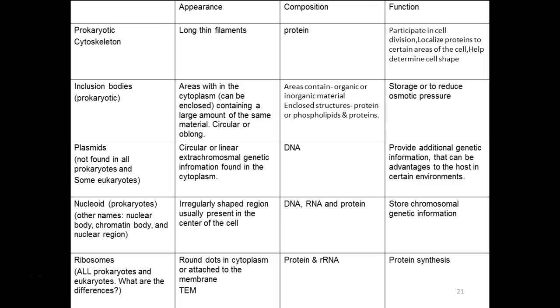Their shape can be circular or oblong, and the stuff in it can be of organic or inorganic origin, right? So it can be something made by the organism or something inorganic from the environment. If they're enclosed, they'll be enclosed in protein or phospholipids and proteins, but again, not a membrane.